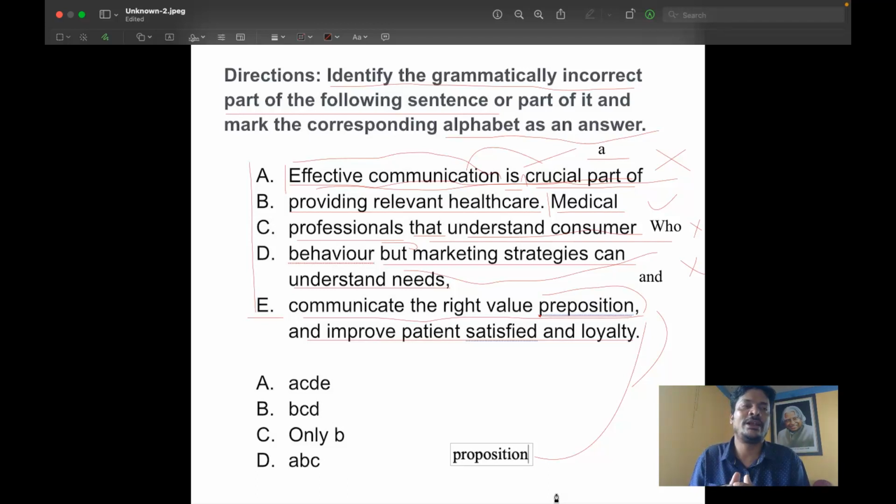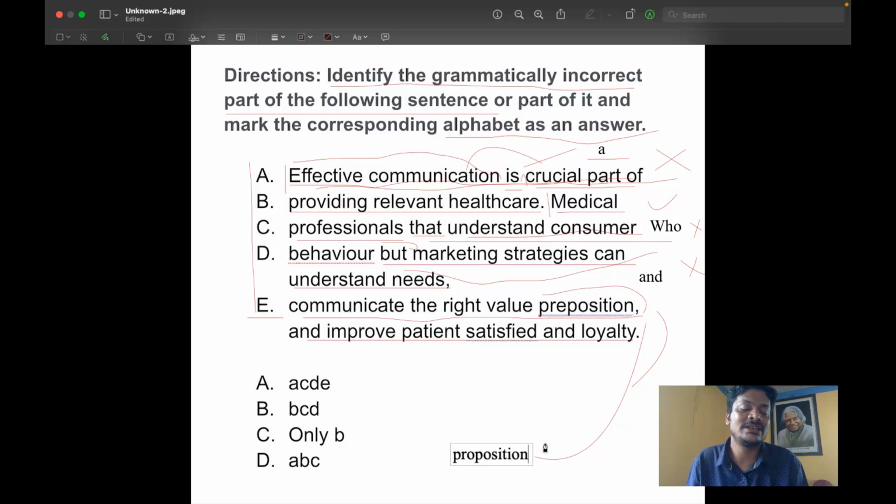His statement might be wrong or right, but he has given a statement, isn't it? So instead of preposition, we should use proposition. Preposition and proposition can be heard like homophones, isn't it? Homophones: same sounds, but different spellings and different meanings.